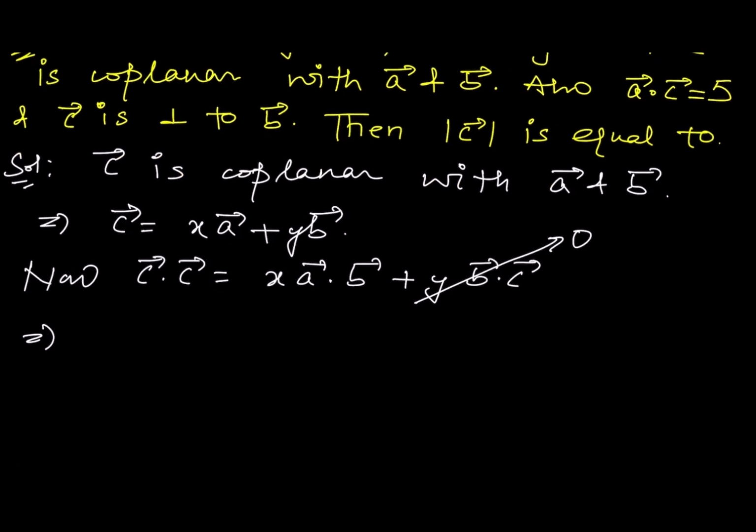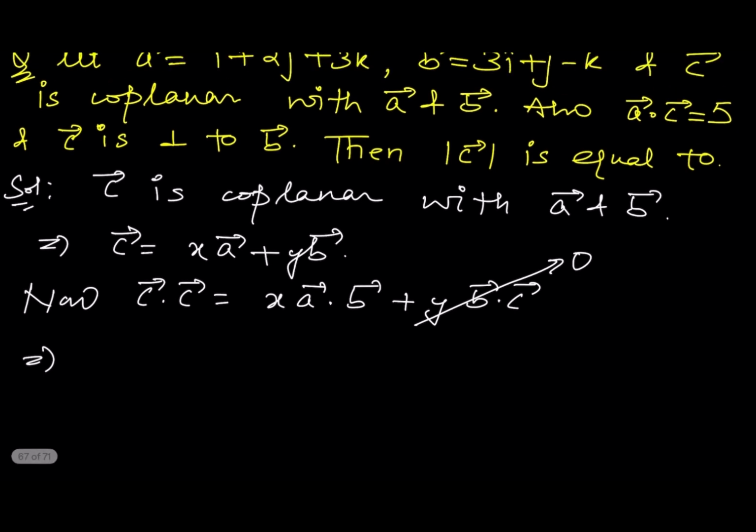So from here I can say that mod of C vector square is equal to 5x because A dot C is 5. So x becomes mod of C square by 5. Say this is 1.